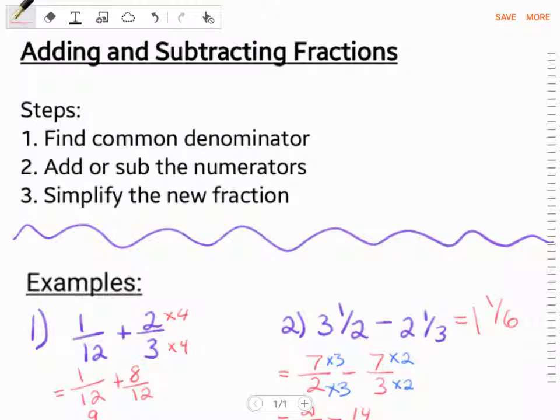But with adding and subtracting, we have to find a common denominator. That's your first step, and that's something you do not have to do for multiplying and dividing. So just make sure you have those things straight and separate, because they're very different things. You can't use the same method for adding, subtracting, multiplying, and dividing, because they're all different operations. They don't work the same. So just make sure that you have them all straight.